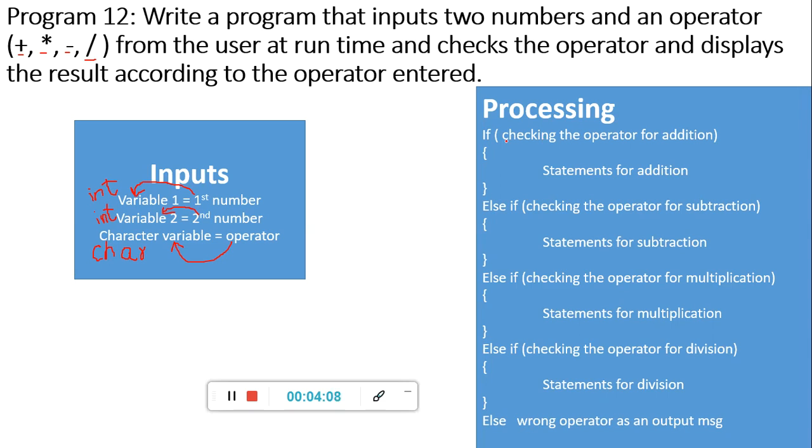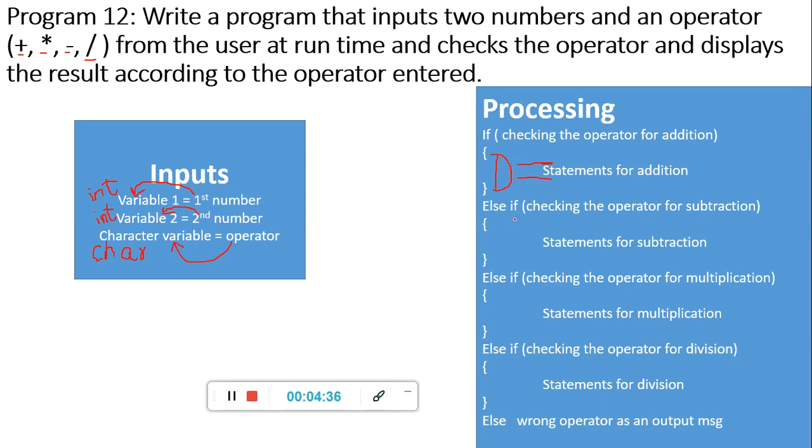If the user has entered the plus sign, we will add those two variables in this block of statements. The statement for the addition output will also be written in this block of the if. This is the block of if.